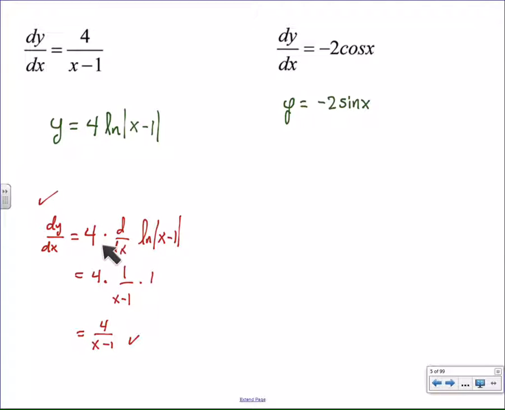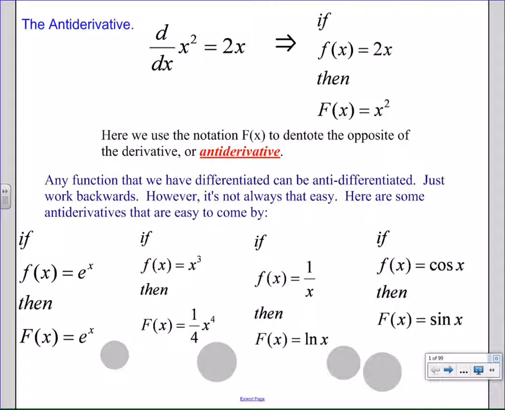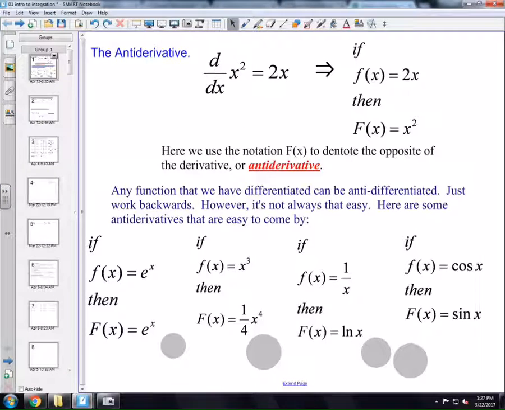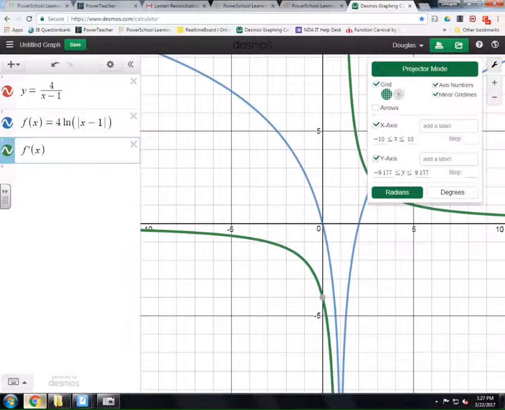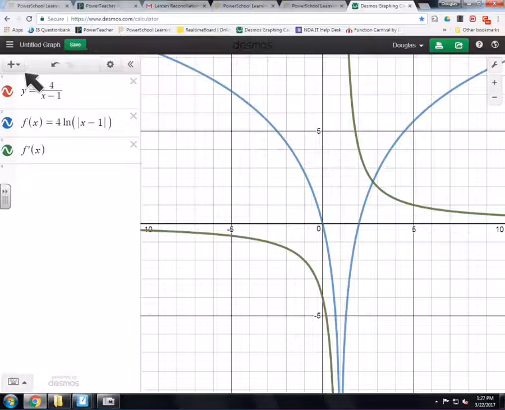Looking at any of these, sometimes the checks are just by taking the derivative back again, but a lot of times you'll make the same mistakes in both directions. So you want to have some technology available to make sure that you're not making any bonehead moves. For example, you could always go to Desmos. Looking at this one, the given dy dx function was 4 over x minus 1. So when I go to Desmos, I can see here we have y equals, not dy dx, because Desmos doesn't support that.